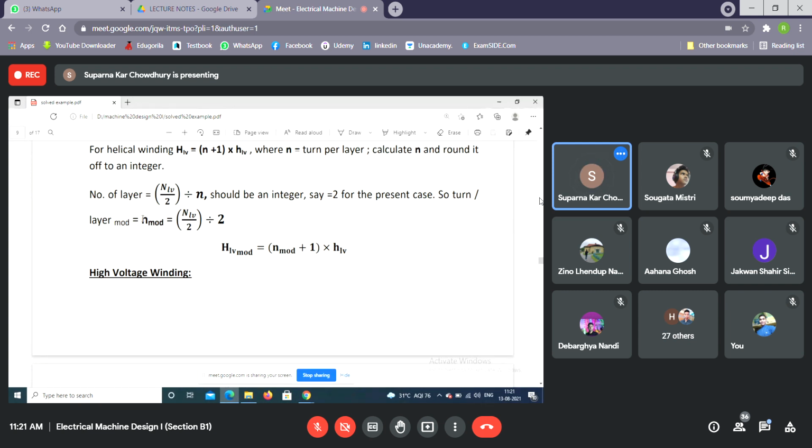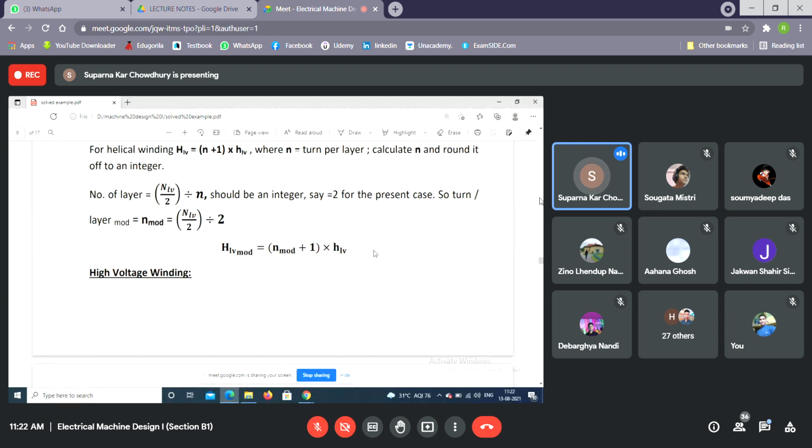Now this again has to be an integer. If it happens to be a fraction, say our NLV is equal to 30, then NLV by 2 is 15, so that divided by 2 won't be an integer. So 15 we have to accommodate as 8 and 7. We cannot have 7.5. So one layer will have 8 turns, one layer will have 7 turns. There will be a slight difference in the height of the two layers.